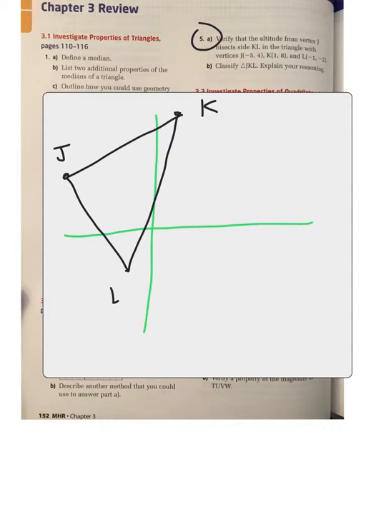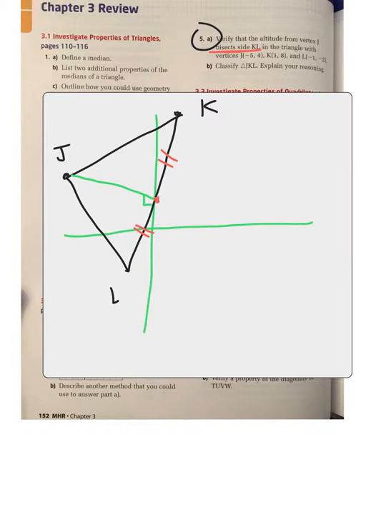Question says the altitude of J, altitude cuts at right angles, so is that perpendicular? And it says, does it bisect line KL? Verify the altitude from vertex J bisects KL. So that's what we're trying to do now.